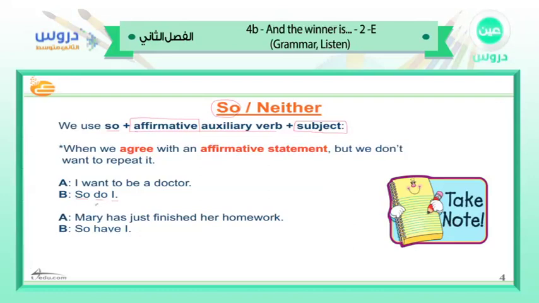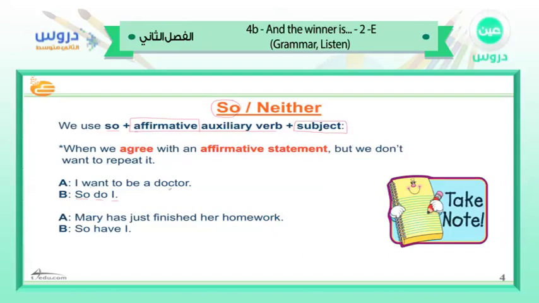Let's explain here. So, this is the structure: affirmative auxiliary verb, do, not don't, then the subject, I. And we said here, when we agree with an affirmative statement, but we don't want to repeat it, like this one.